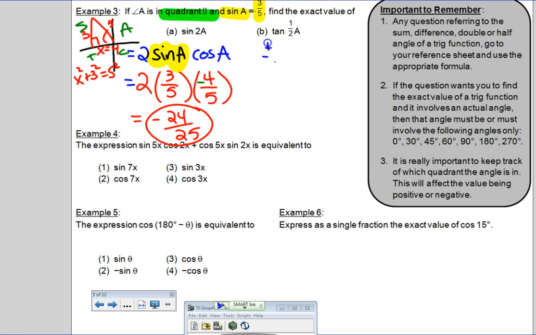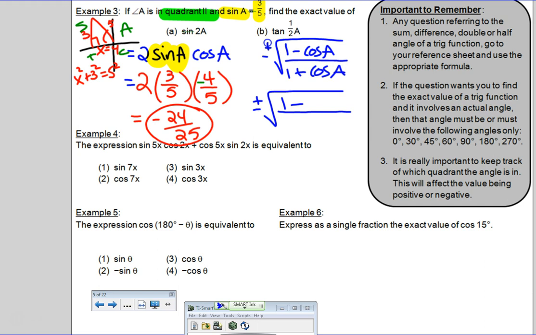So positive and negative radical, 1 minus cosine of A over 1 plus cosine of A. 1 minus, the cosine of A is actually, we just found it. It's the one we did over here. So negative 4/5. And then 1 plus negative 4/5.